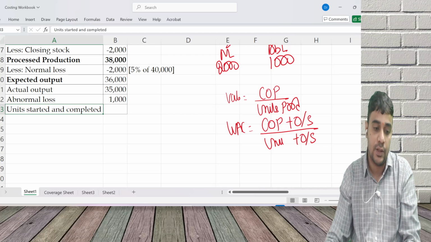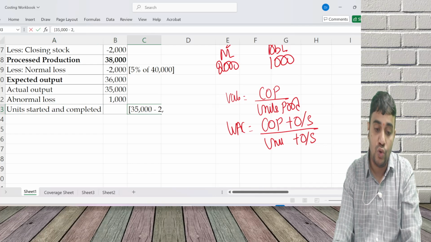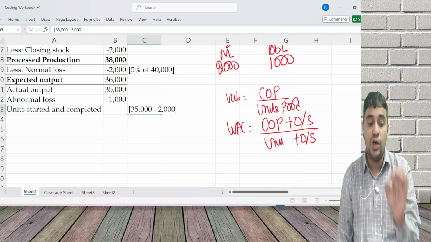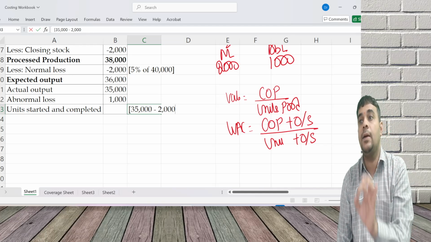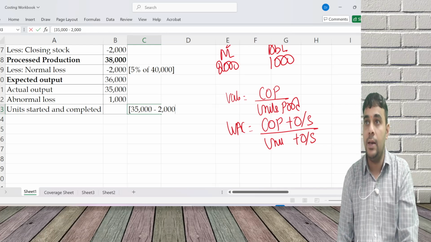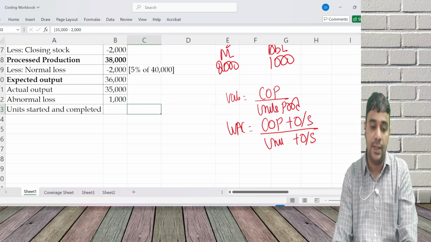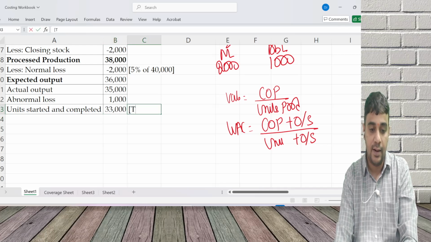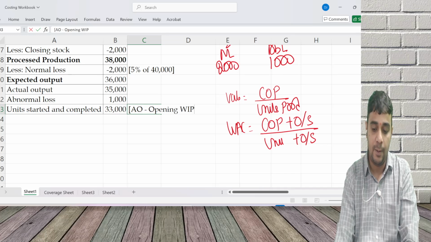Club everything together. So listen, of the 35,000 units which I completed, 2000 came from the last year, or last month. Units started and completed is actual output minus opening work in progress. Why this distinction is needed, you will understand as we proceed. So units started and completed, you can write 33,000, and here somewhere you write: transfer or actual output minus opening WIP.